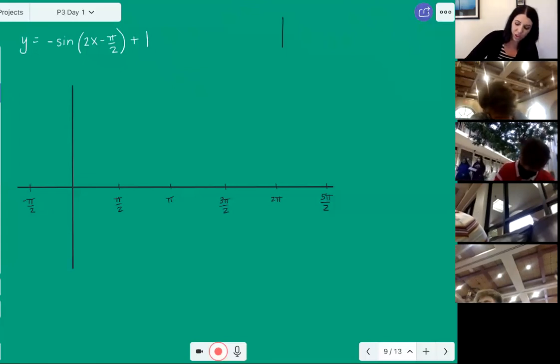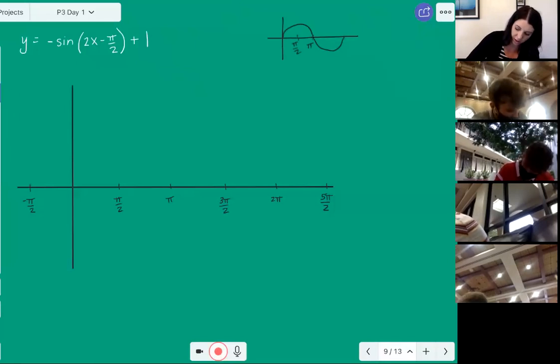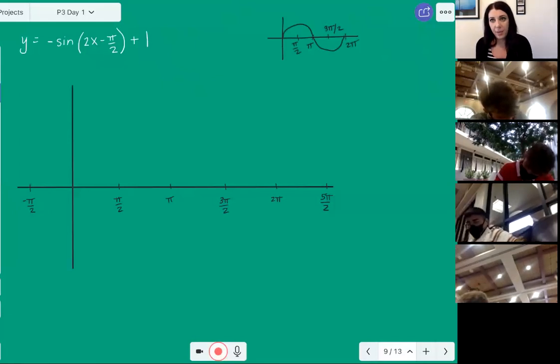So again, our parent function looked like this, if we remember, right? This was like our parent function where each of these values we have shown here. And we're going to make some adjustments to that. Okay. So the period changed. So there's 2 ways I can adjust this.